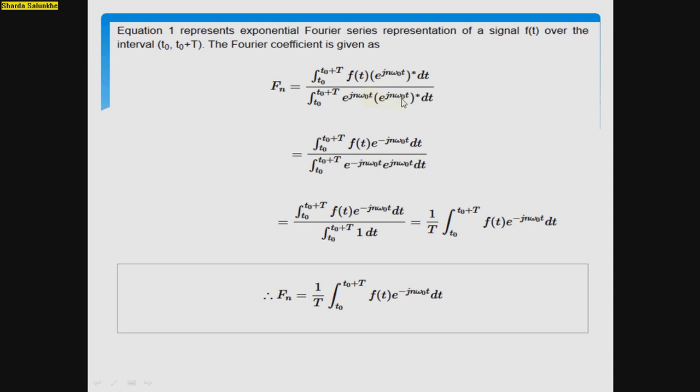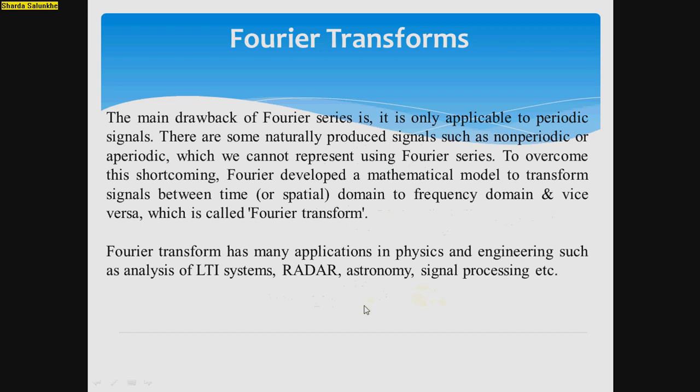After solving this, you will get 1 by T times the integration over the period t0 to t0 plus T of f of t e raised to minus j n omega 0 t dt.